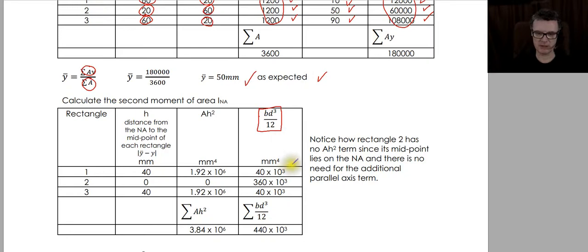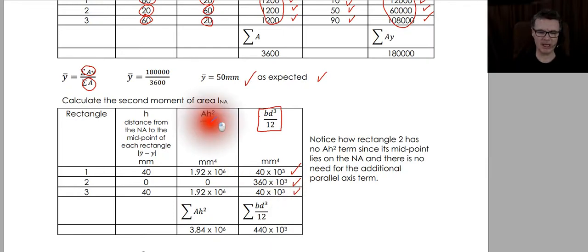And that's reflected in these results. We've got a breadth of 60 times a depth of 20 to the power 3 there, and here we've got 20 times 60 to the power 3, so that's giving me a much larger number. The one on the very top gives me the same value as the one on the bottom. So that's my b times d to the power 3 divided by 12 terms.